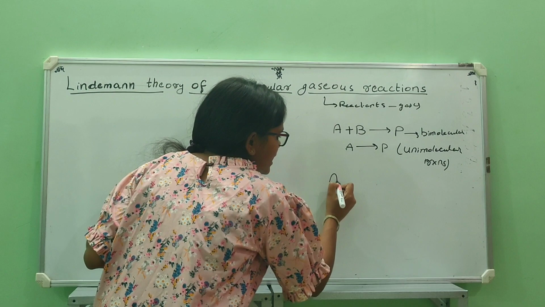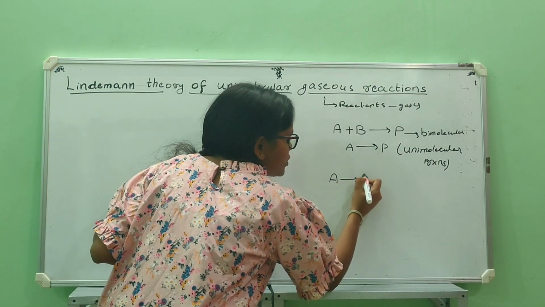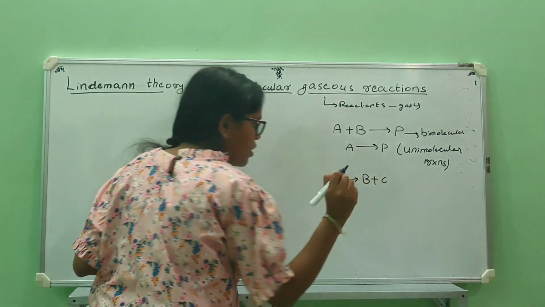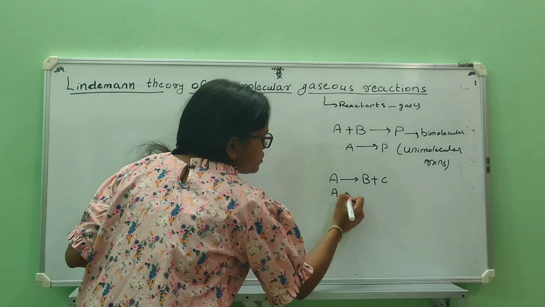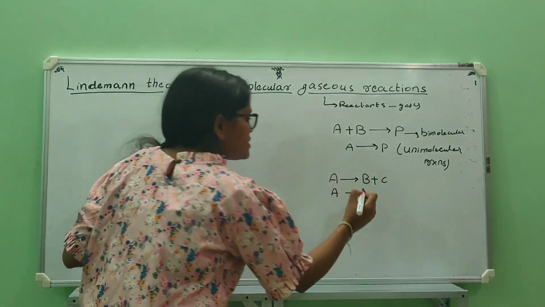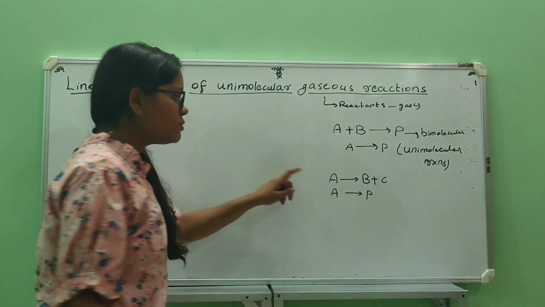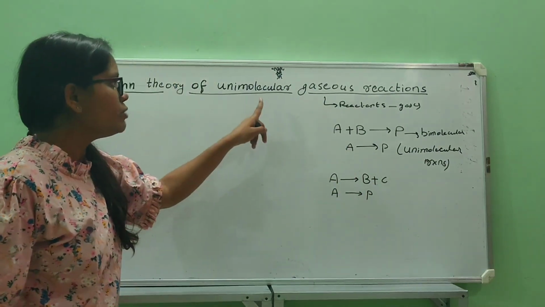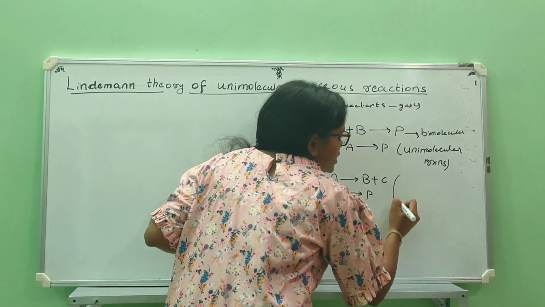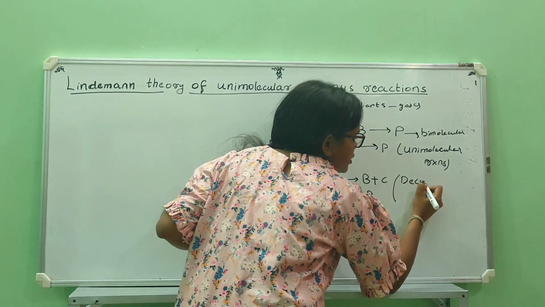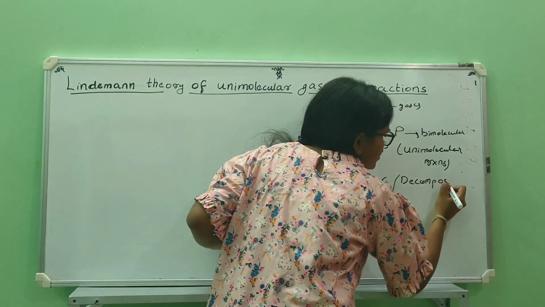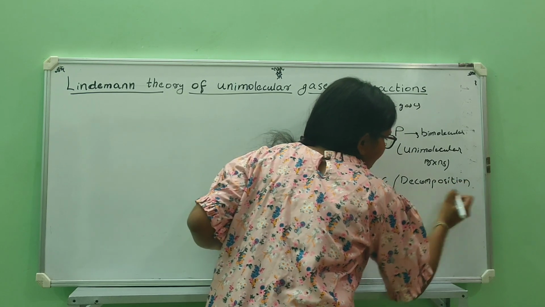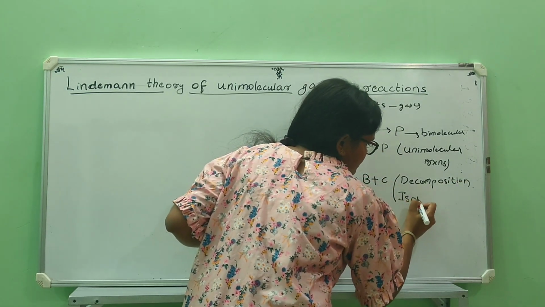A can decompose to give products B and C, or A can undergo isomerization to give some product B. So decomposition and isomerization are typical examples of unimolecular reactions.